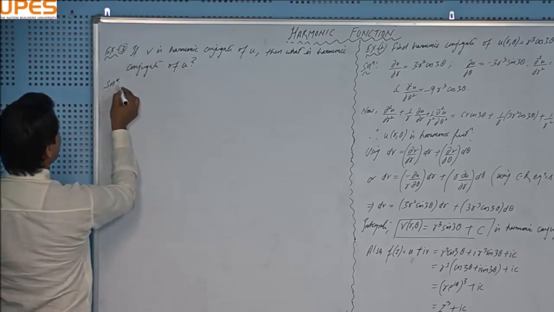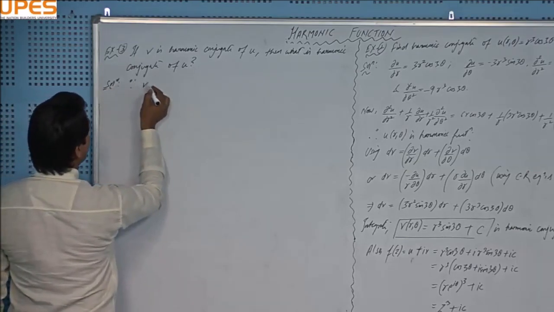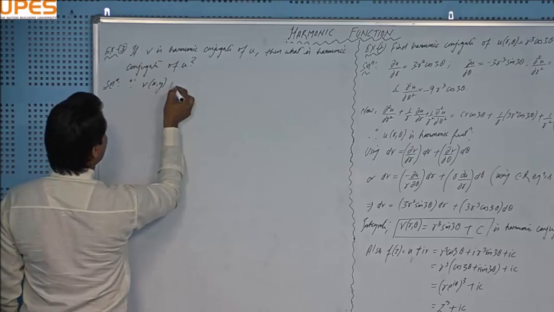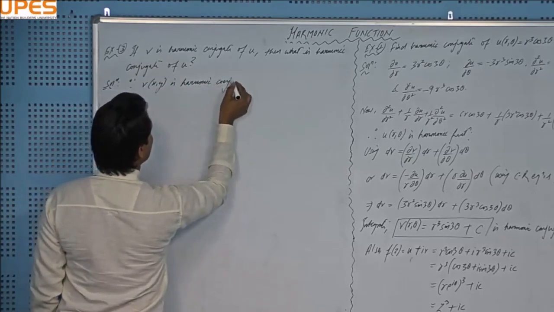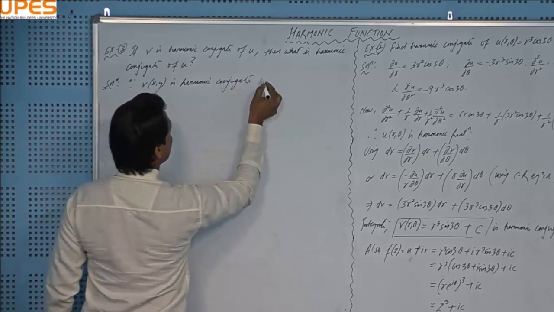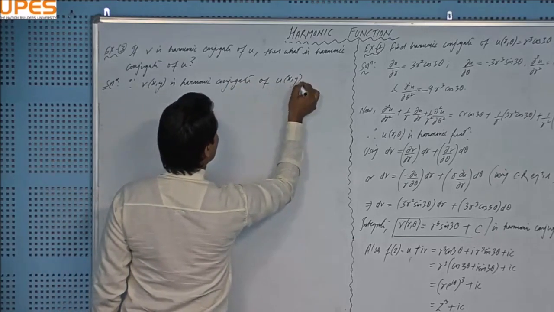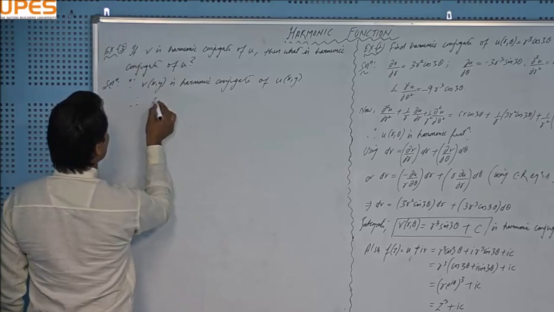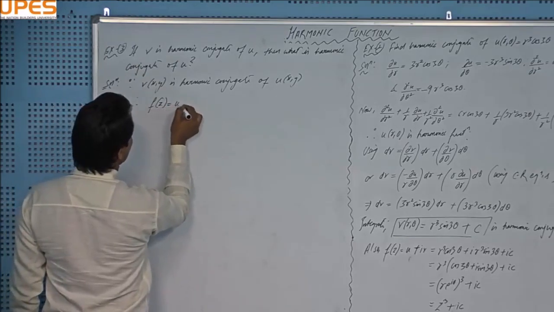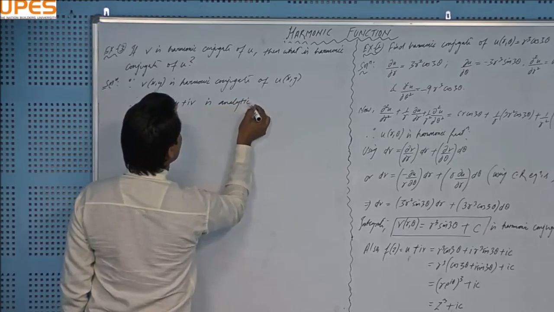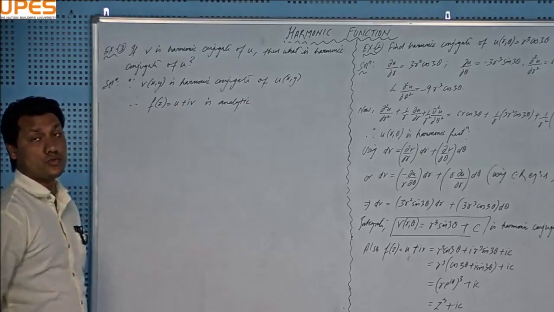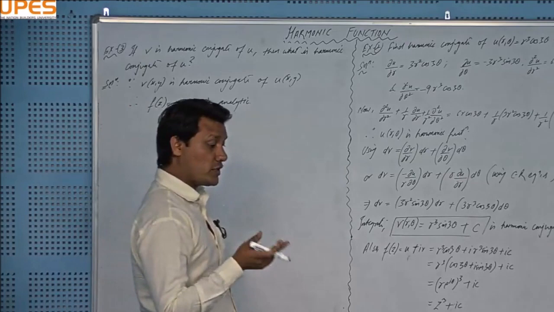Solution: since v(x, y) is harmonic conjugate of u, right? Therefore, there should be an analytic function f(z) equal to u plus iota v, which is analytic, right? Because we are saying that v is the harmonic conjugate of u, it means that both u and v are harmonic.